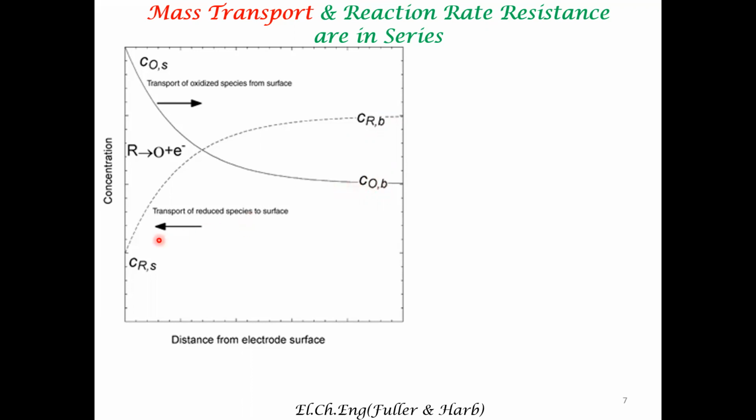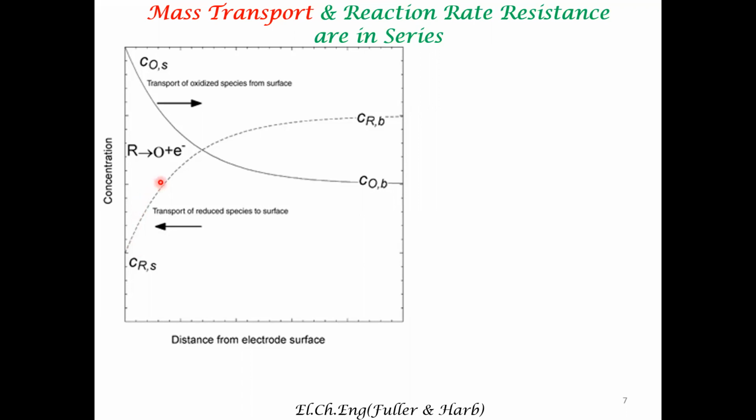Because the reduced species gets consumed at the electrode surface, the concentration of the reduced species near the electrode surface is less, because of which there will be a transport of the reduced species from the bulk to the surface of the electrode, where it gets consumed.